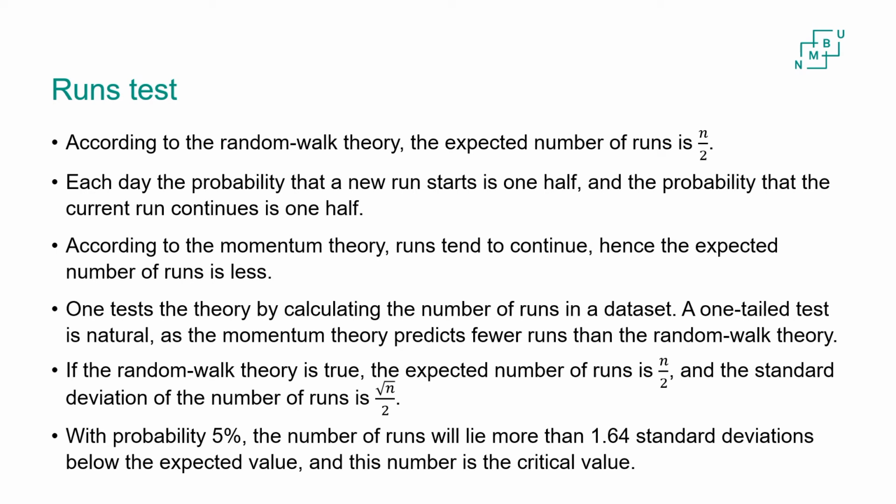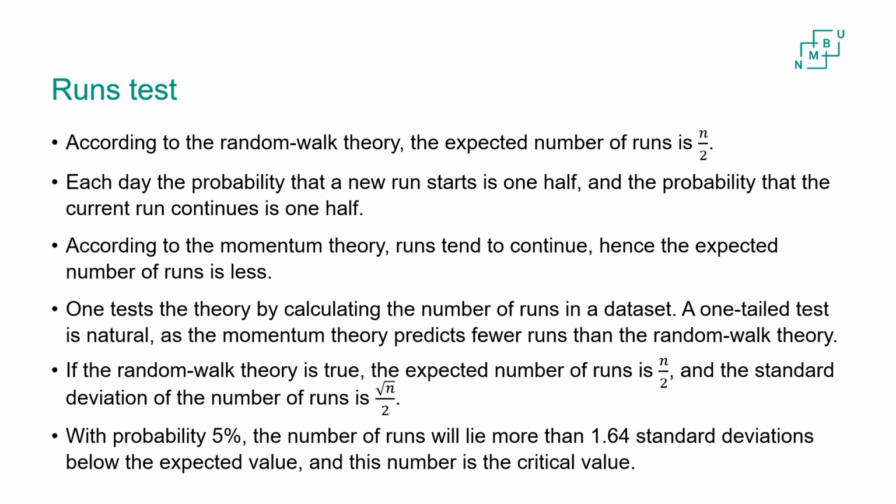And why is this? Well, if you have a price move one day, the price move of the next day is the same with a probability of half, and it's different with a probability of half. So the probability that the run continues is 1/2.